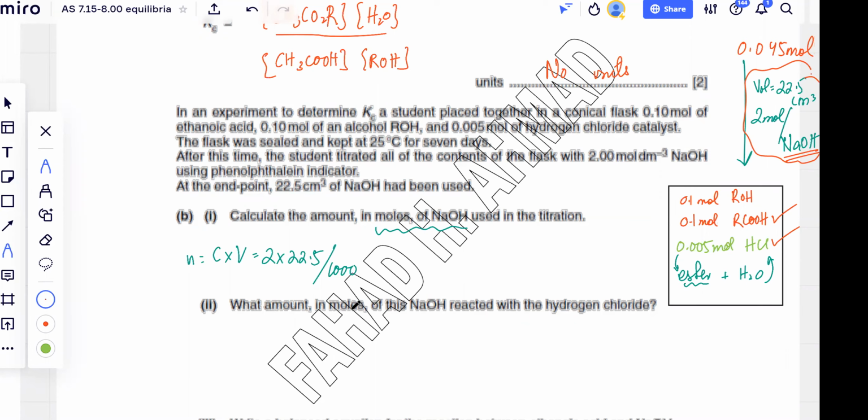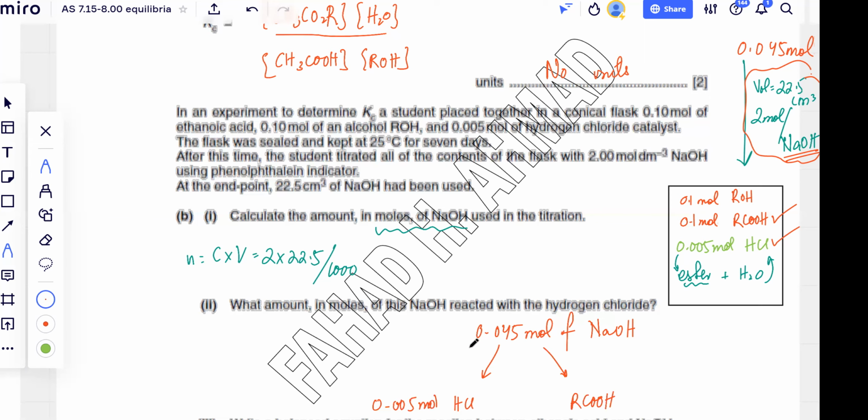So remember, you're adding 0.045 moles of NaOH. Some of it would react with the HCl. So how much HCl do you have? You've got 0.005. And some of this would react with the carboxylic acid. Can you quickly tell me what amount would react with the HCl?